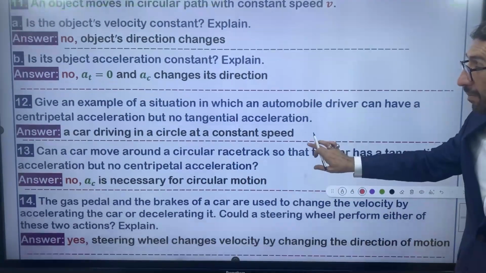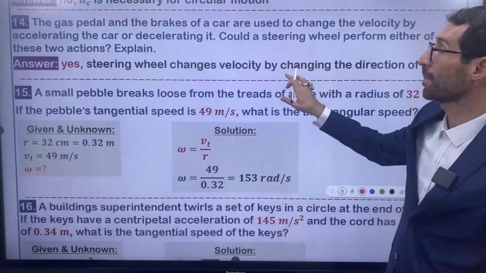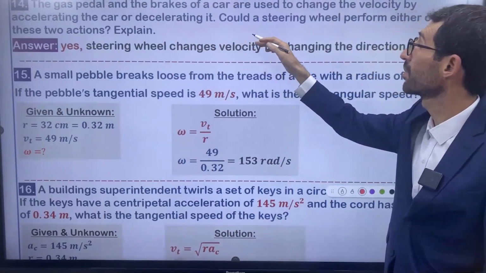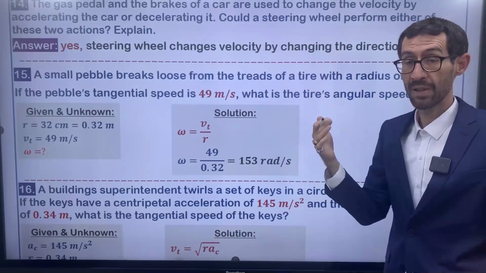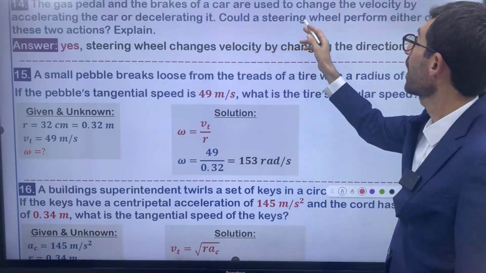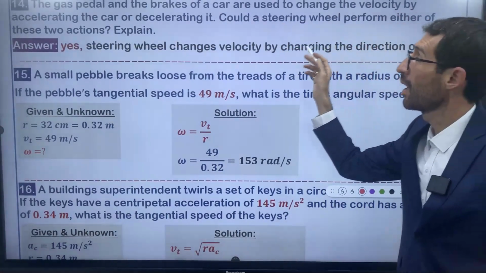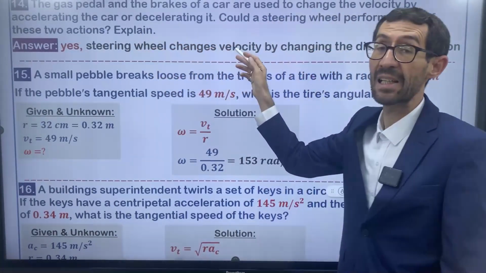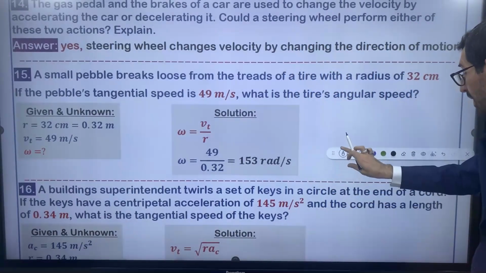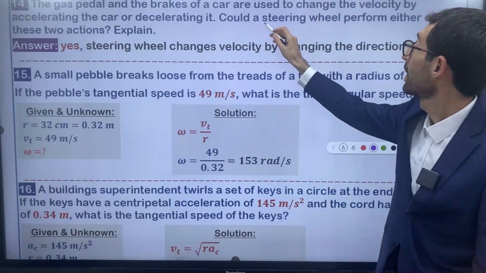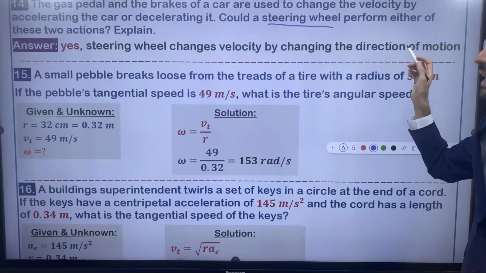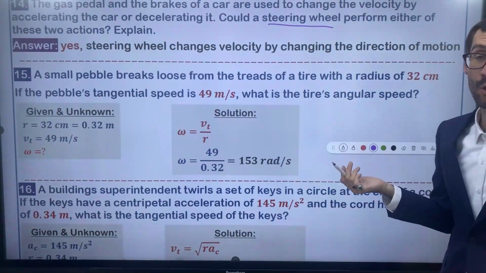Question number 14. Let me read this question. The gas pedal and the brake pedal of a car are used to change the velocity by accelerating the car or decelerating it. Could a steering wheel perform either of these actions or not?